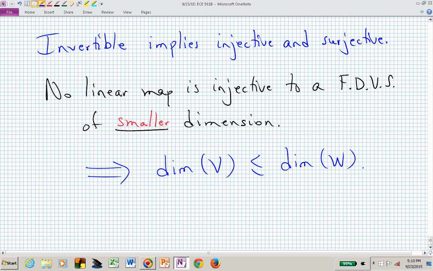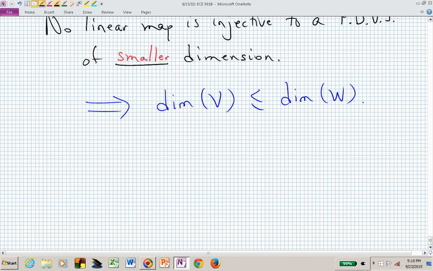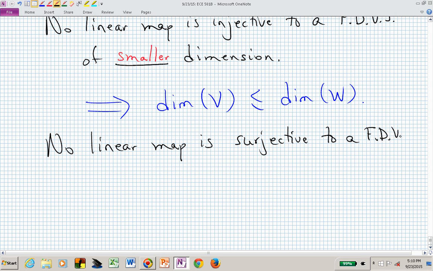We can't be going to a smaller dimension, which means where we're going, the codomain, needs to be bigger dimensionally than the domain, at least as big. What about the other direction? No linear map is surjective to a finite dimensional vector space of larger dimension.